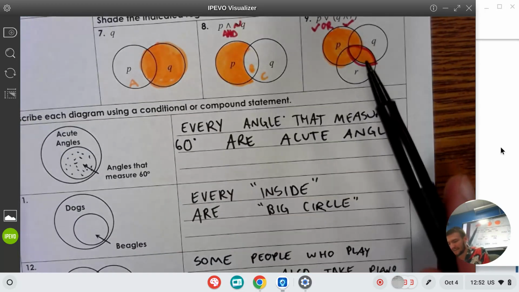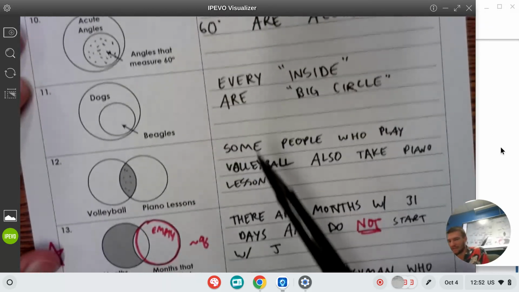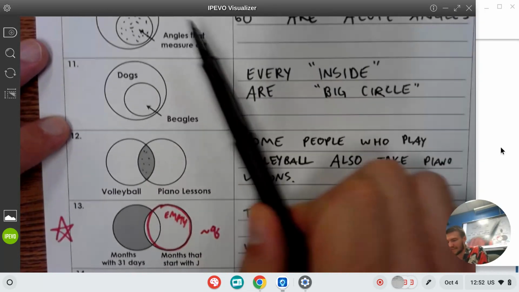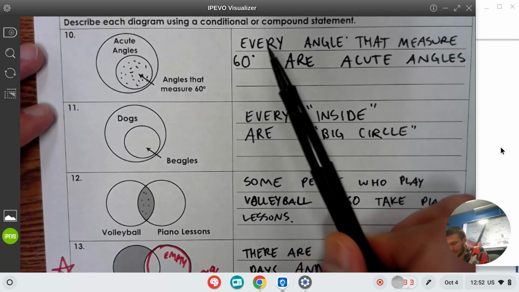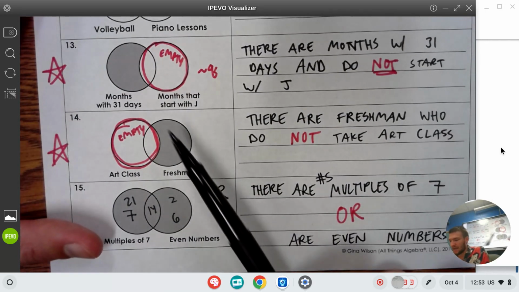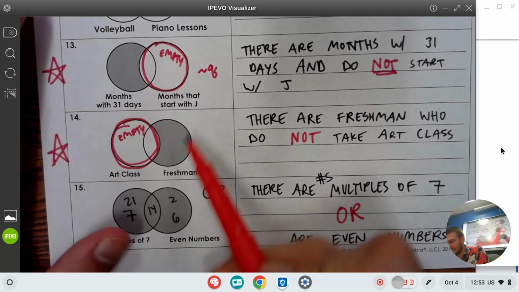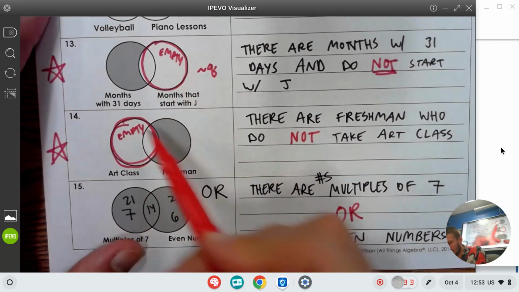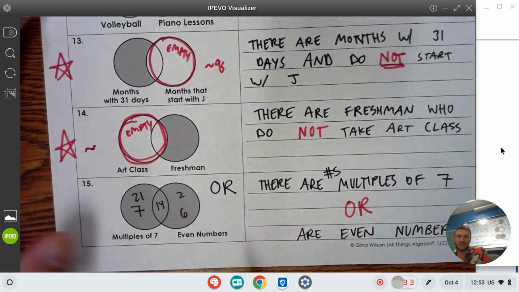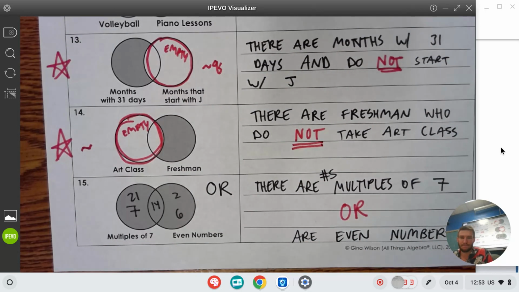When it comes to writing sentences, just try to use the same words like some or there are. Inside here, we can use words like every, and when it's a total overlap, we can use words like or. These are always the ones that kind of trick people up, where we have empty circles. And if we have empty circles, think of it like a negated portion. And so use the word not to kind of make that happen.